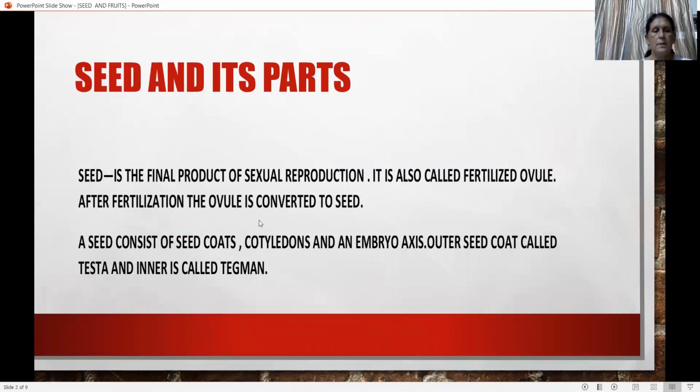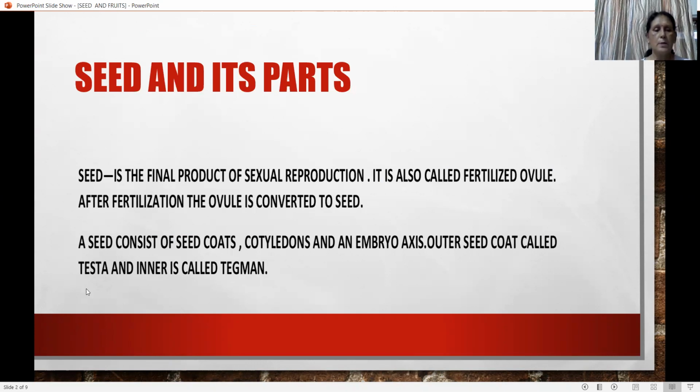Next, here you see a seed. We have already said that it is a fertilized ovule. That means after fertilization, the ovule is converted into a seed. A true seed consists of seed coat, cotyledons, and embryonal axis. Seed coats are of two types. Before fertilization, an ovule is covered by an outer and inner integument, and after fertilization, these integuments are converted into seed coats.